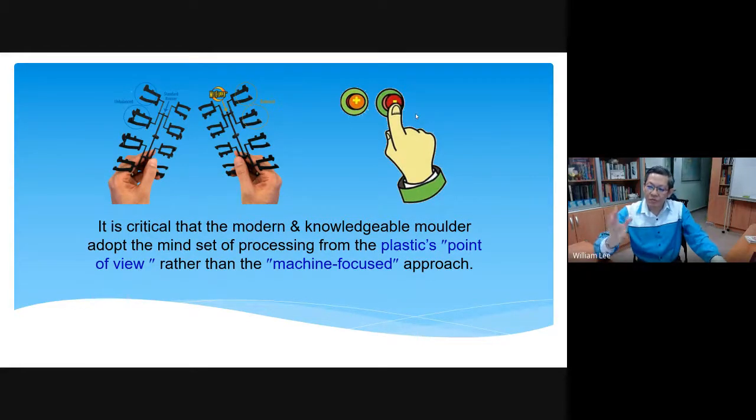From the material point of view, you ask whether this heating is totally transferred to the material. Let's say you set the barrel temperature at 200 degrees C, and you have to ask yourself whether your material is actually also achieving 200 degrees Celsius. What is important? Is the machine heating up to 200, or your material receiving the actual temperature that is required?